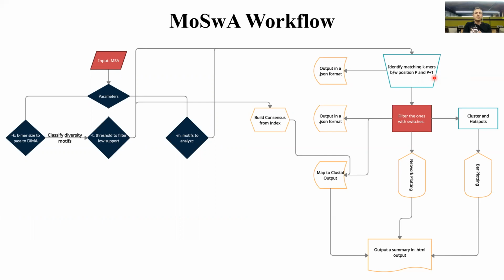Additionally, MoSwA produces an HTML report summarizing a short statistical summary on the switches observed, an alignment view of all the switches observed in a cluster format, a network graph showing all the dynamic interactions between the motif switches, and a bar plot showing clusters and hotspots of motif switch positions.